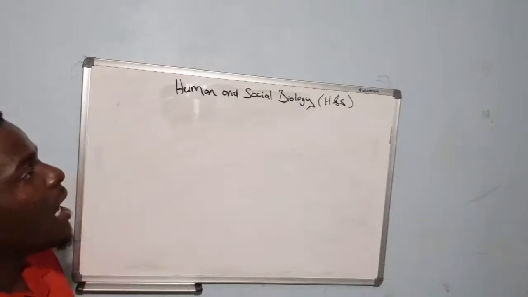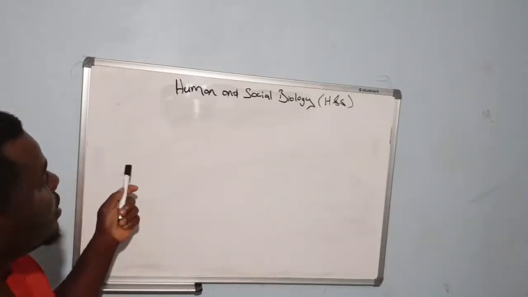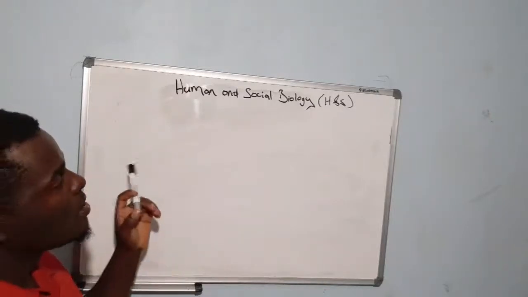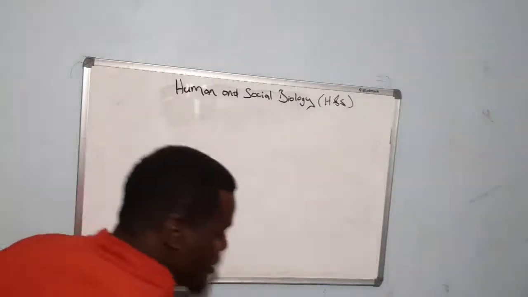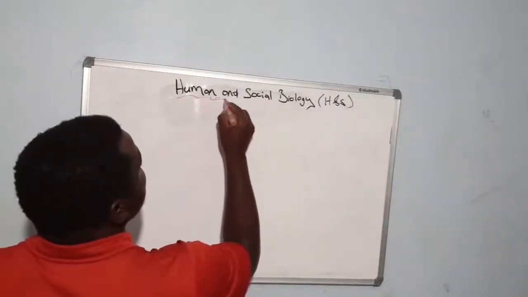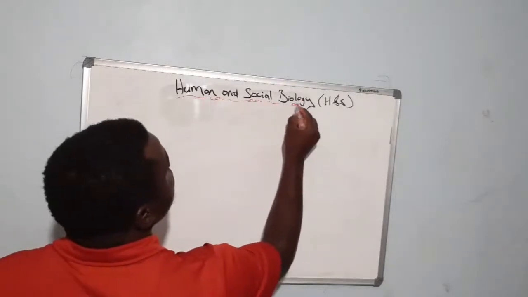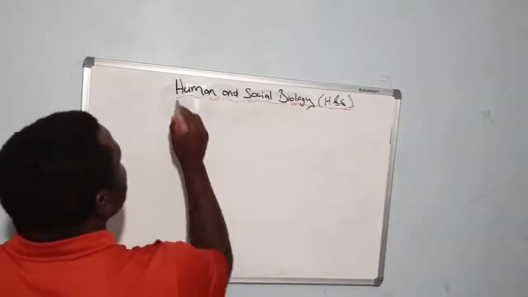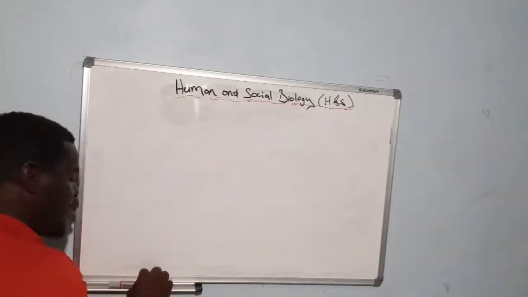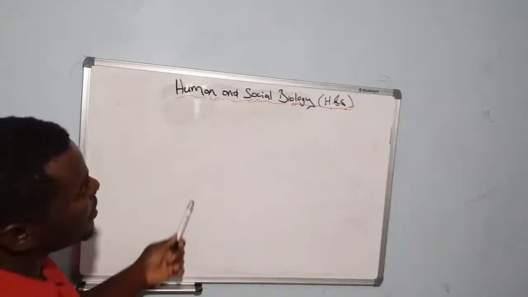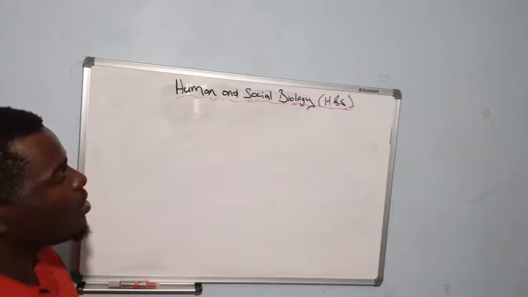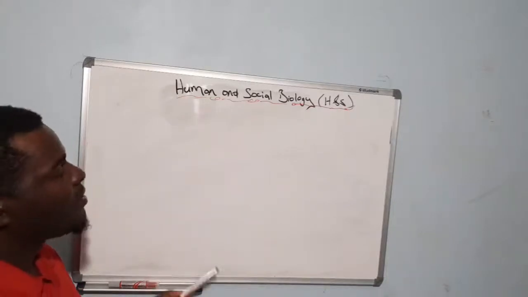Preferably I would like to go the route of the CXC syllabus. So we're taking the human and social biology syllabus from the initial stage, especially for those who will be doing their external exams, and those prospective individuals who would like to view my classes and try to go to a center and pay for the subject.